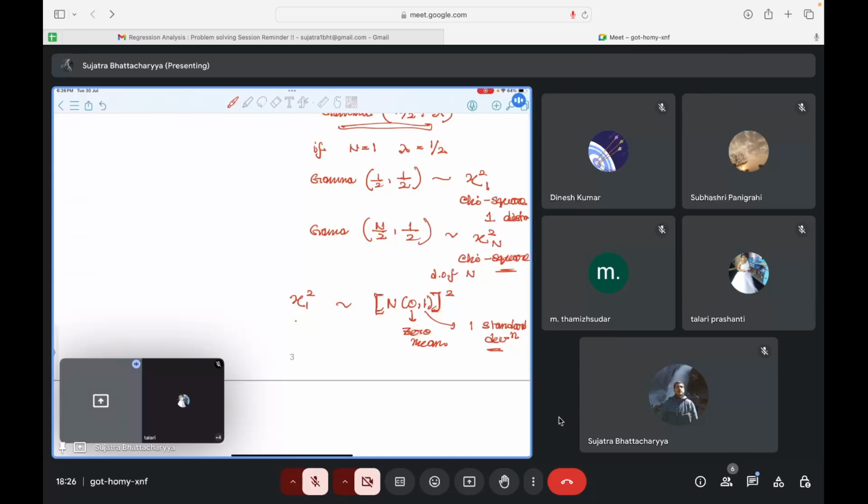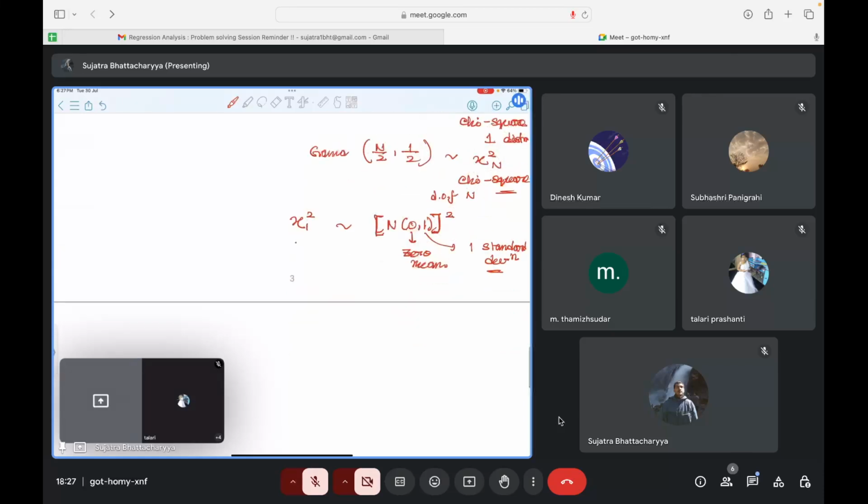Remember, these are all population parameters: population mean is zero, population standard deviation is one. The square of the normal distribution is the chi-square distribution. This is another thing.